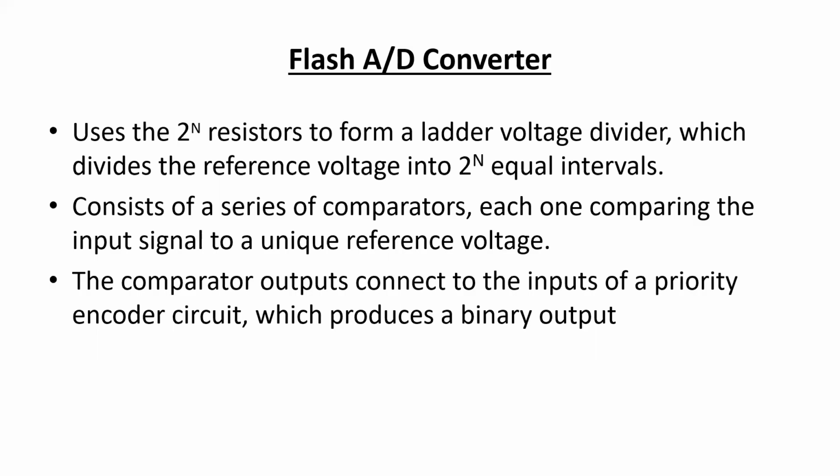The first type that I'm going to discuss now is called the flash AD converter. In this flash AD converter, there are normally 2 to the power n resistances used to form a ladder network which will work as a voltage divider at multiple stages, where n represents the number of bits that you will have in your equivalent digital output.